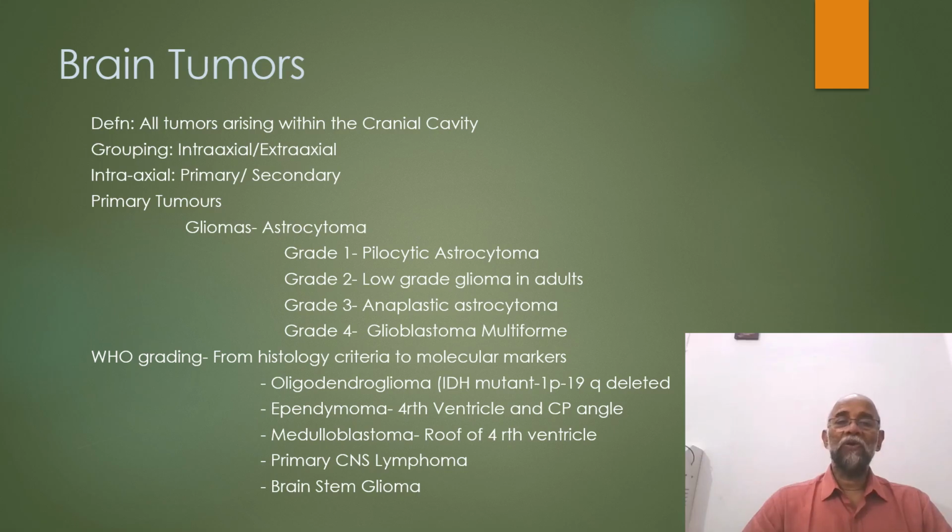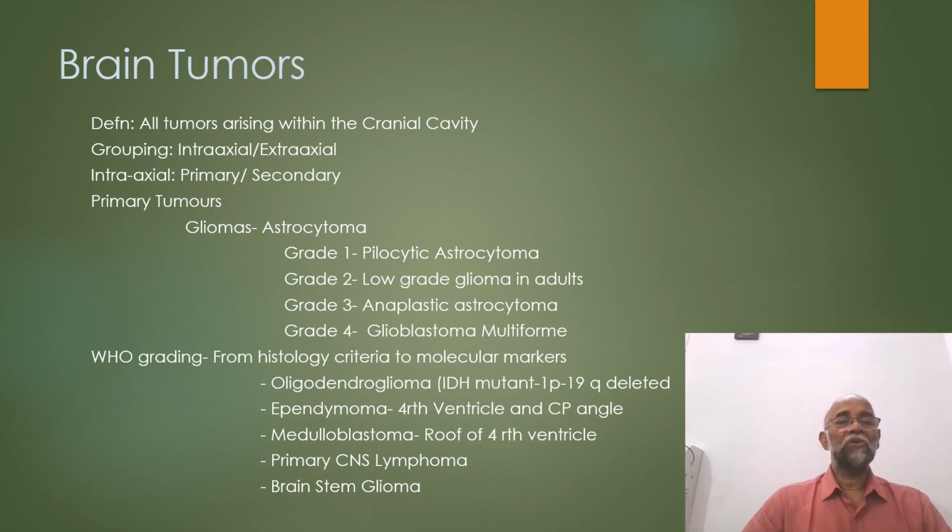Classically, pilocytic astrocytoma is a representative. Grade 2 tumors are low-grade gliomas found in adults. Grade 3 tumors are anaplastic astrocytomas, and grade 4 tumors are very highly malignant glioblastoma, earlier called glioblastoma multiforme.